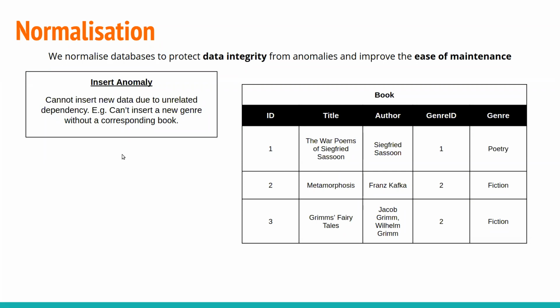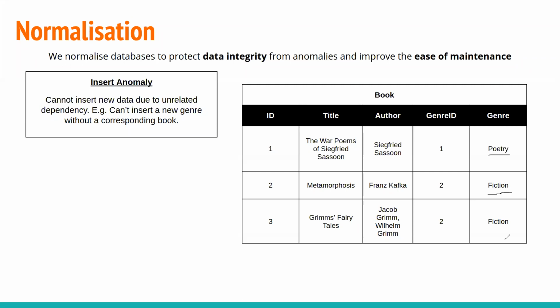A very good example of this is, let's say, as an organization, we publish books or something. As an organization, we want to add another genre to our list of options. So we currently have poetry and fiction. You guys can see that on the right there.